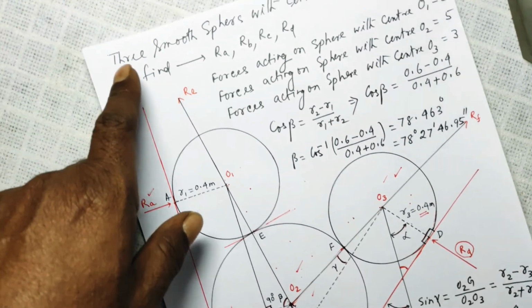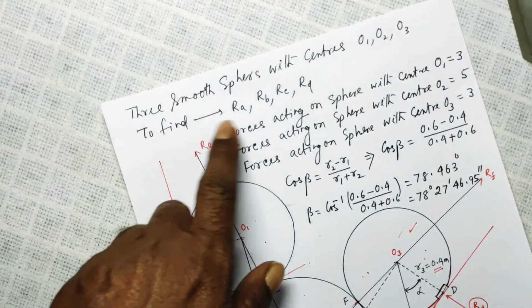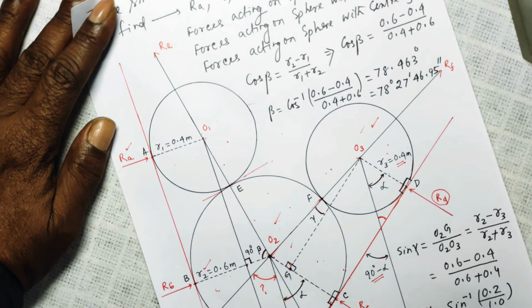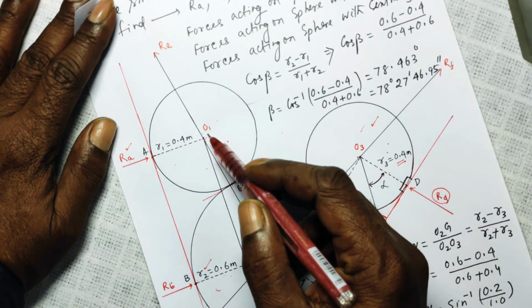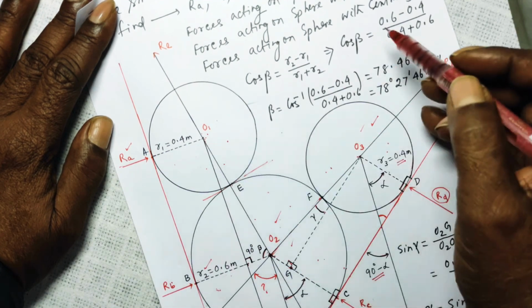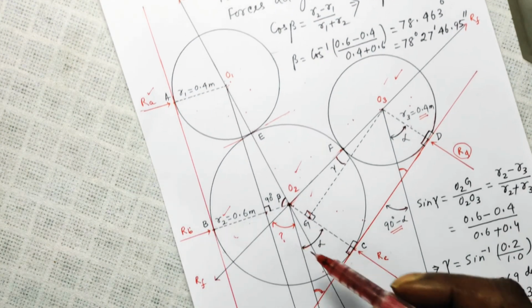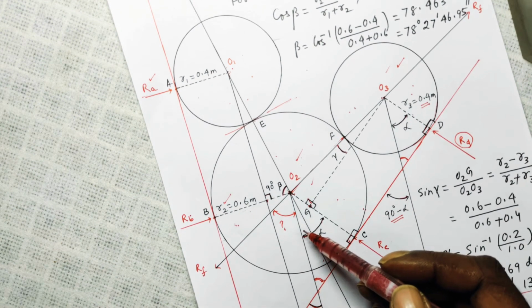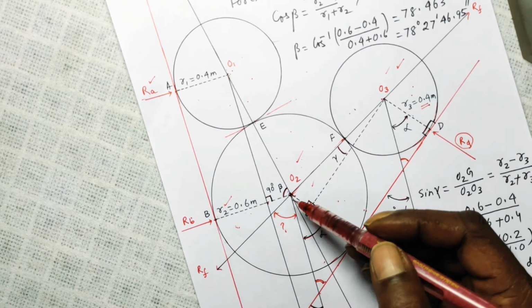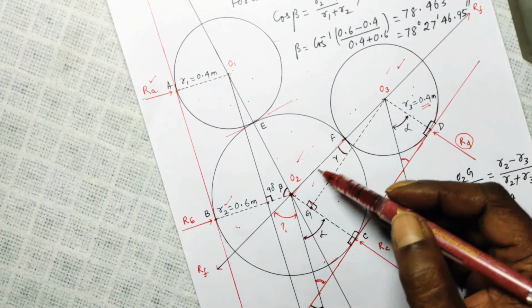So now let us discuss three smooth spheres with centers O1, O2, O3 to find RA, RB, RC and RD. Now the forces acting on the sphere with center O1: there are three forces, RA, its weight, and RE. Forces acting on the sphere with center O2, this one, is acted upon by 5 different forces: 1, 2, its weight 3, then this is RE 4, then this is RF.